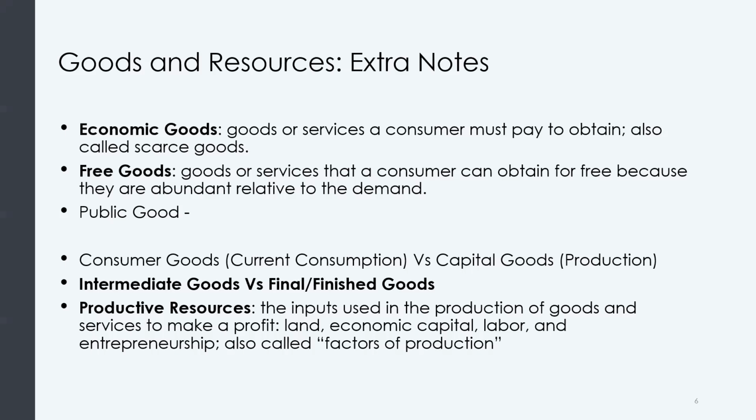So you take the wheat and you grind it into flour. Flour is also a good, but it's an intermediate good because you don't want flour, you want bread. So the final good is the bread. That is what you're interested in. All of these other things are just stages in production, but they are also goods that are sold in economics at the end of the day. So those are some of the key terms that you need to understand.